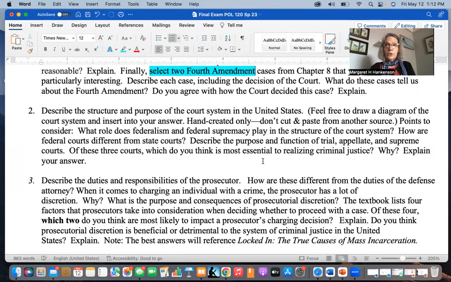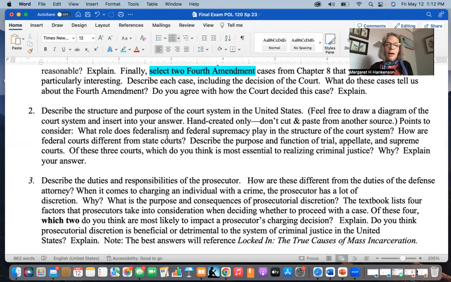If you want to construct it on a computer, using a PDF and drawing on it or whatever, that's fine. You don't have to do that. Some students just really like to do that. Okay. So as it says there, don't cut and paste from another source, just make your own. But again, you don't have to do that, but some people like to visually draw it out.